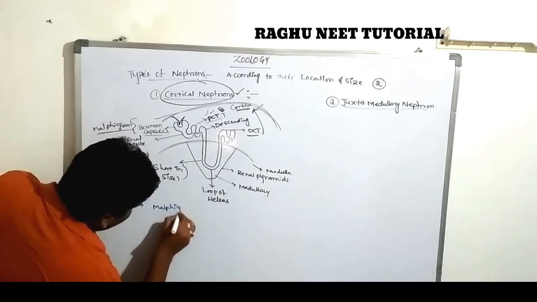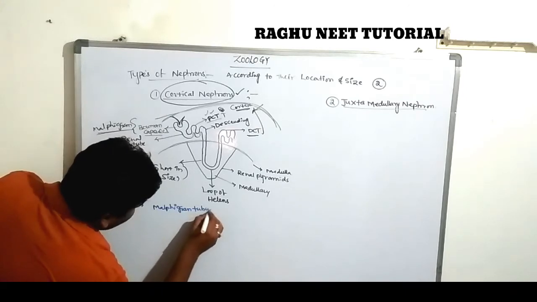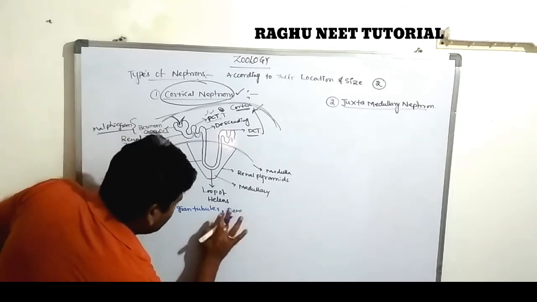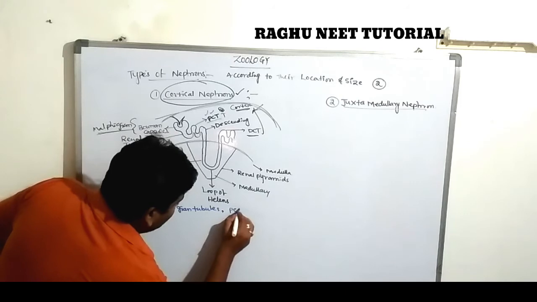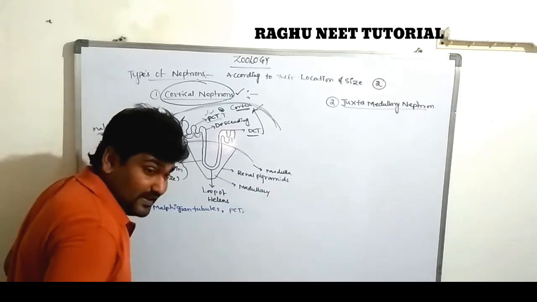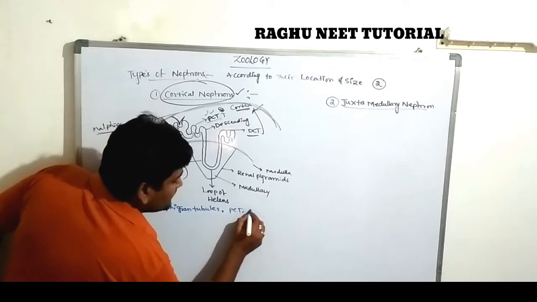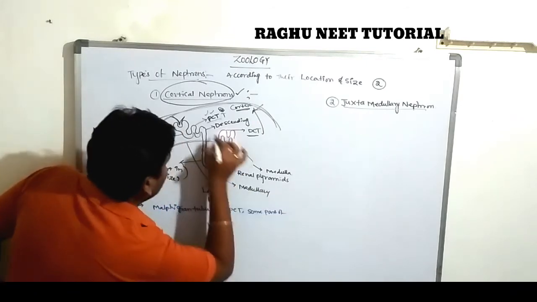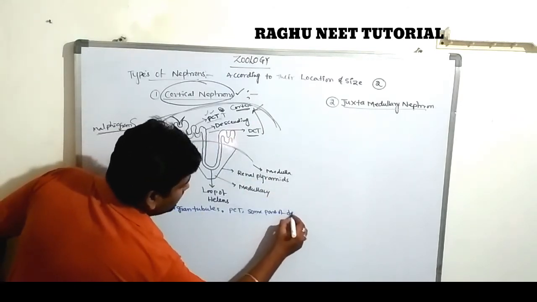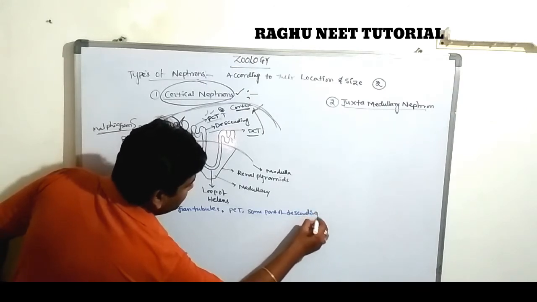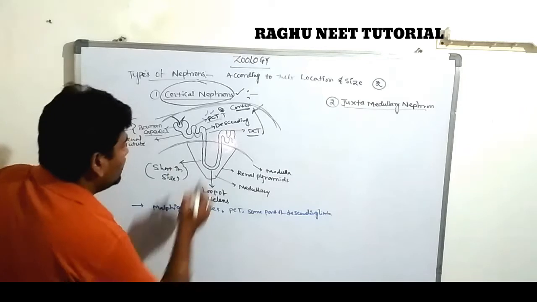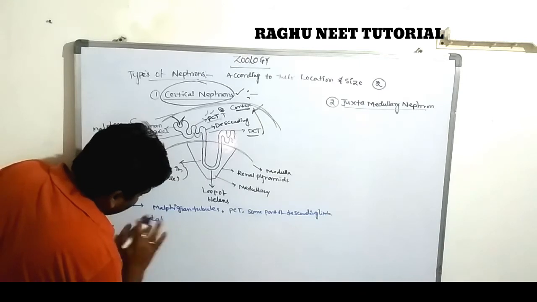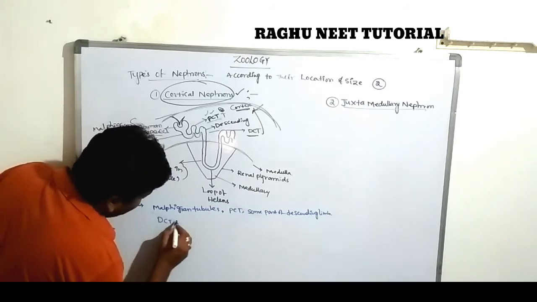Note down everyone: the Malpighian tubule, renal tubule, proximal convoluted tubule (PCT), some part of the descending limb, you can write limb or arm, and the last one, the distal convoluted tubule.